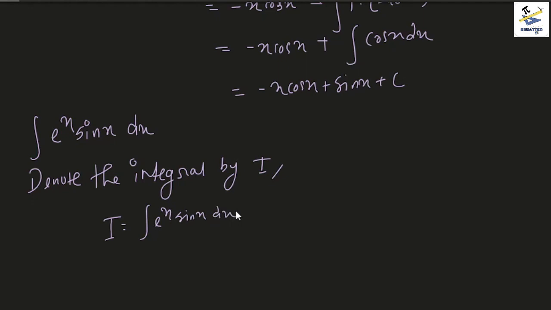Now if you remember the rule ILATE, e, that is for exponential functions, comes last, so obviously e to the power x is going to be the second function here, and sin x is going to be the first function.